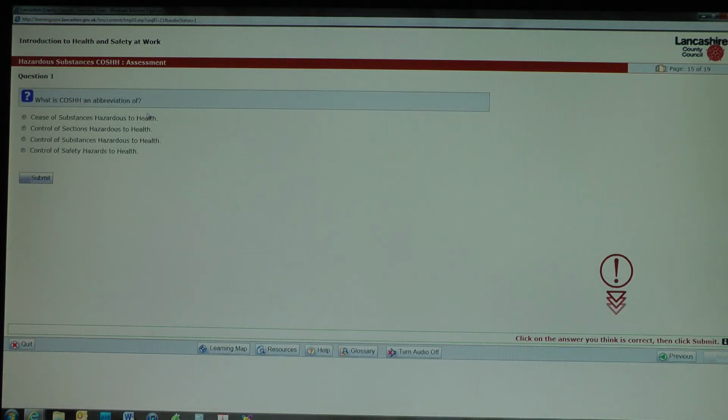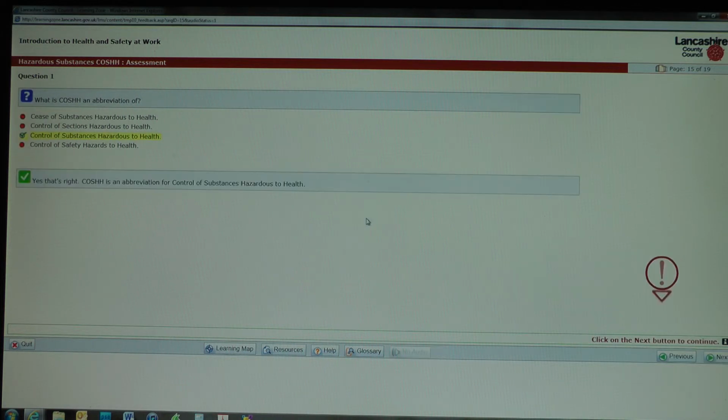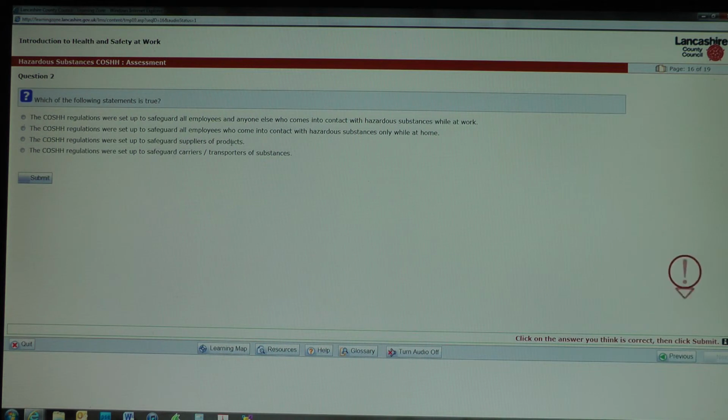What is COSH an abbreviation of? Which of the following statements is true?